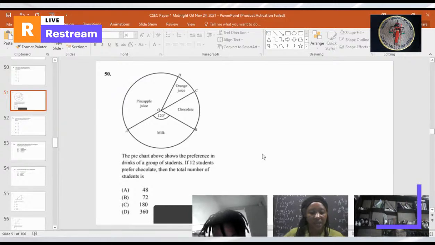And they tell us that milk is 120 degrees. And they're saying 12 students prefer chocolate. So how many students are there in all?